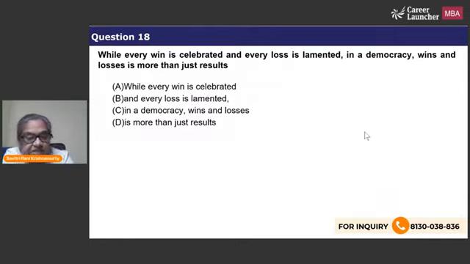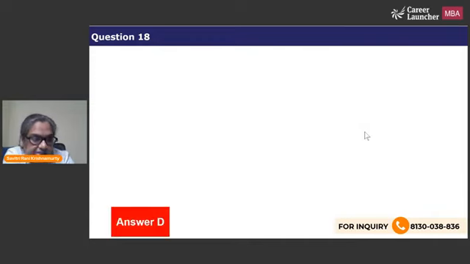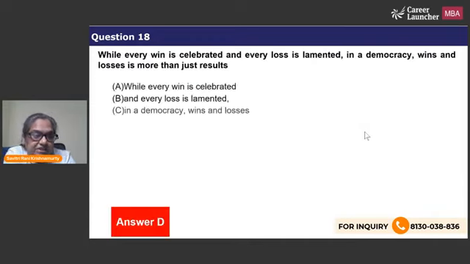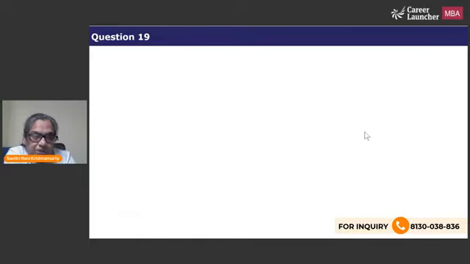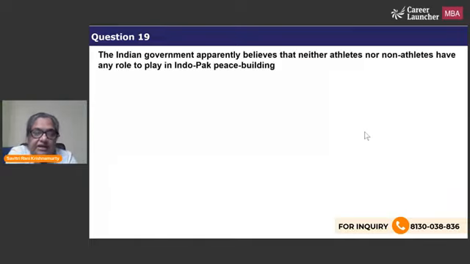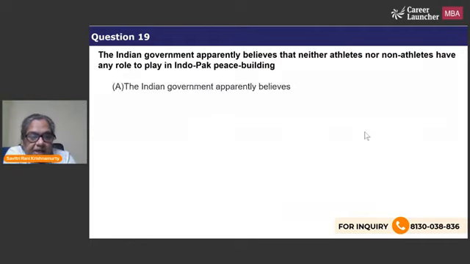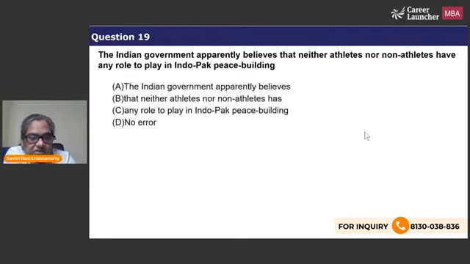Wins and losses, D is indeed the wrong answer, correct answer: wins and losses are more than just results. Excellent. The Indian government apparently believes that neither athletes nor non athletes have any role to play in, oh, this.